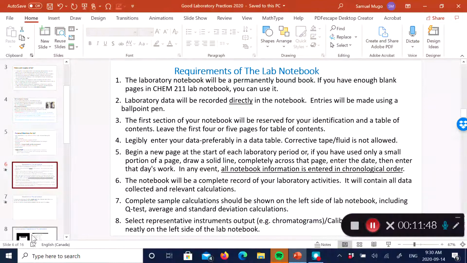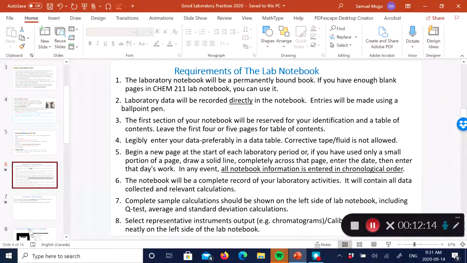So this means you don't first record on a piece of paper and then transfer it into the lab notebook, because mistakes could happen when you're doing that transferring. Instead, the data should be directly recorded in your lab notebook. So no loose leaf pads and so forth. The data must be directly recorded in the lab notebook.